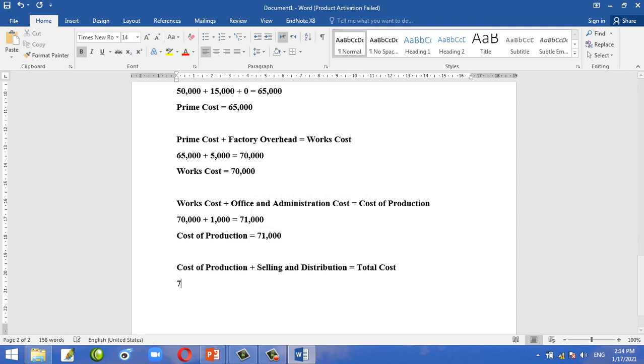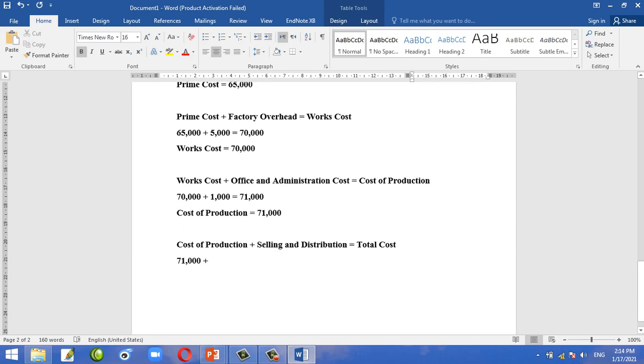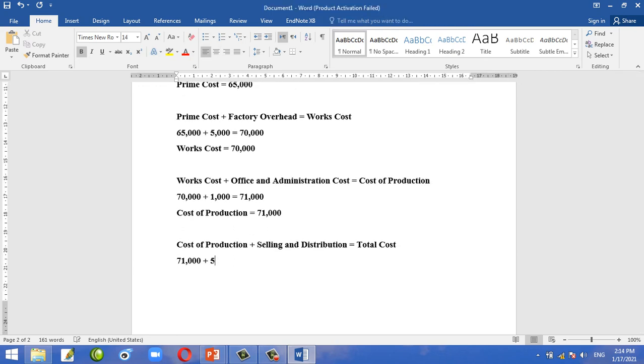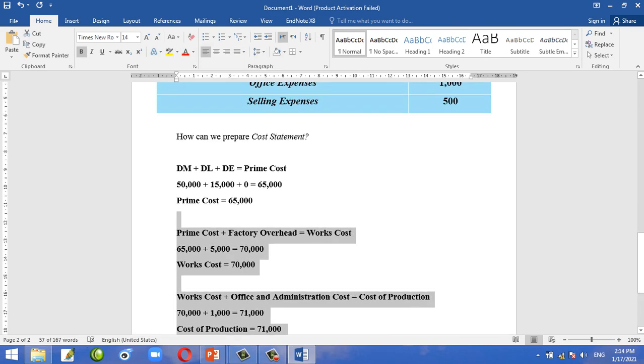So 71,000 plus selling and distribution cost, that is 500. So 71,000 plus 500 is equal to 71,500. So total cost is equal to 71,500. So it was the cost statement.